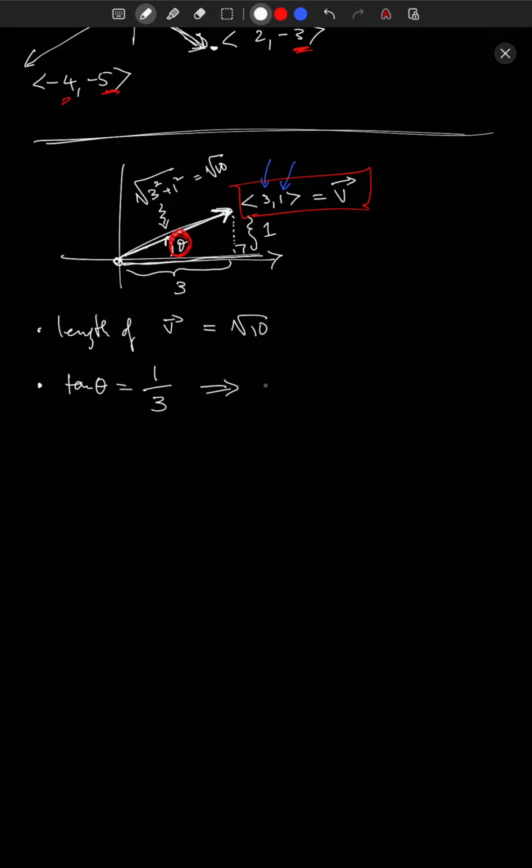And so theta is equal to arctangent 1/3. So in this way, we can describe both the length and the angle, or the direction, of a vector if given its algebraic description.